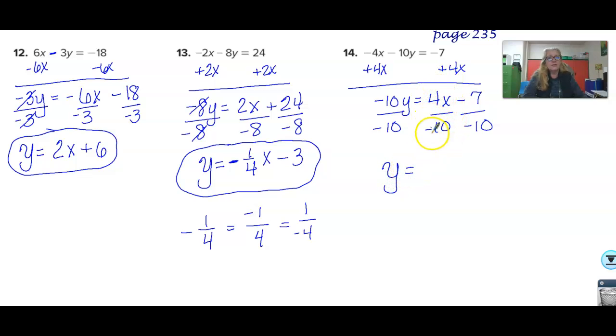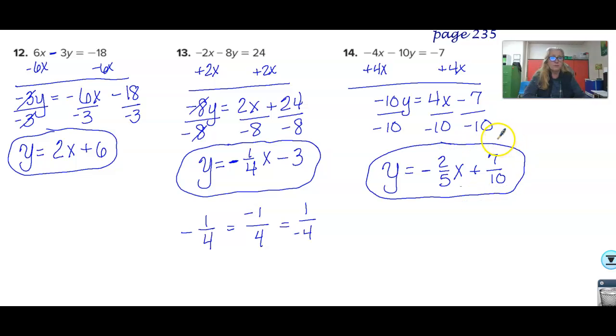All right, so we have basically a -4/10, which reduces to 2/5. So you would have a -2/5 slope with the x, and then a negative over a negative gives us a positive, but 7/10 does not reduce. And we don't change these things to fractions or to decimals, just leave it in fraction form. Okay? That would be a little tricky one to graph there. Yeah, it would.